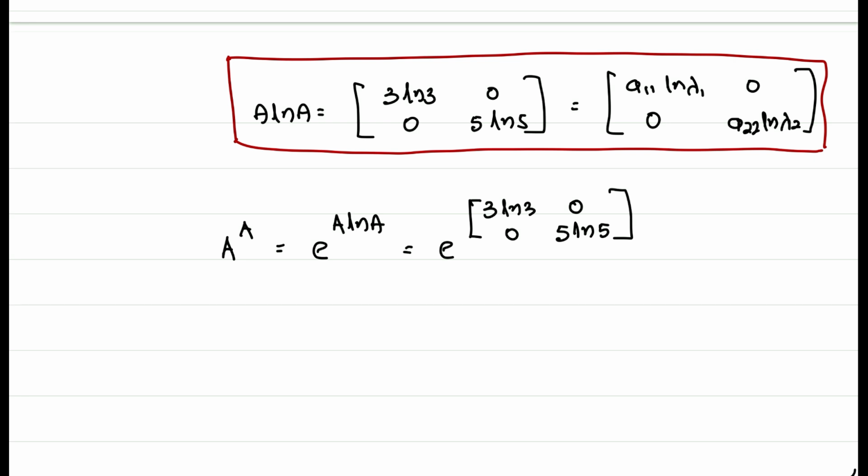I have already discussed e to the power of A, or e to the power of any matrix for that matter, in my previous classes.